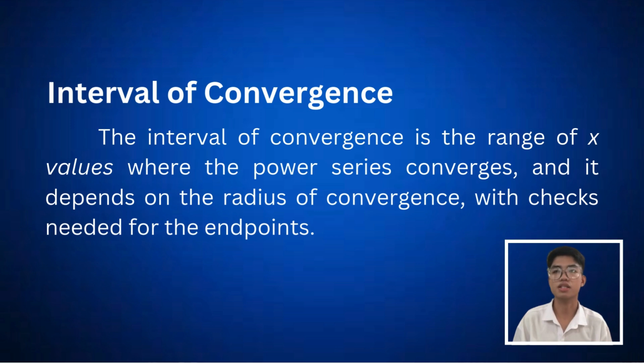At these endpoints, the series may either converge or diverge, and this requires additional testing. So, the interval of convergence is the set of all x values where the series converges, which could be an open interval, a closed interval, or a half-open interval.